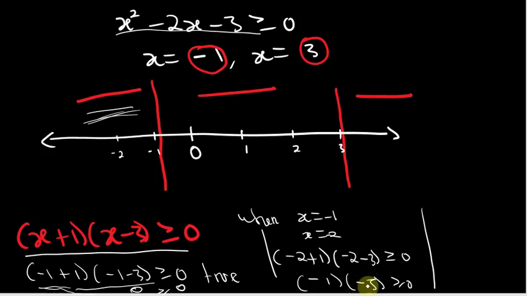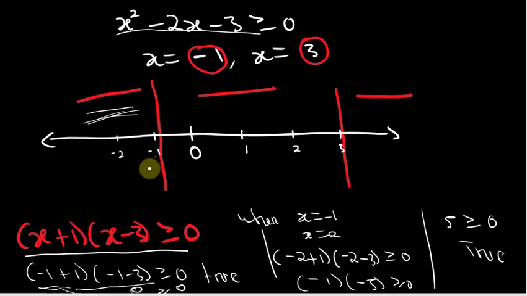Now, -1 times -5 is going to give us +5. So 5 is greater than or equal to 0. Once again, is this statement true? Yes, 5 is greater than 0, so the statement is true. This means that from -1 up to -infinity, all the values there, when you use them for testing, are going to be valid.